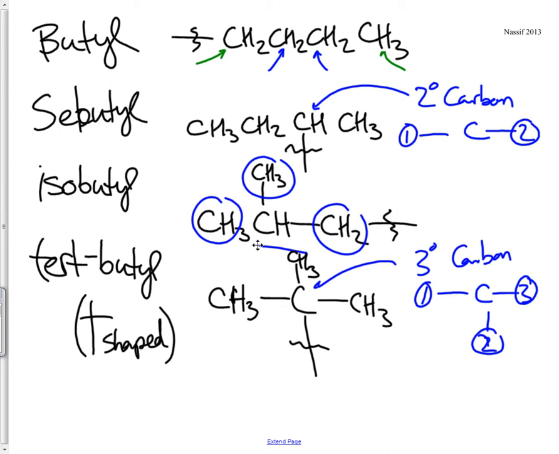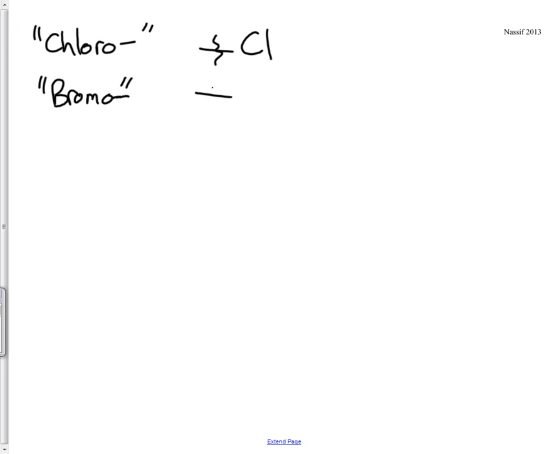Now we have some other groups. We have our chloro, our bromo, and etc. So our chloro groups means that there's a chlorine attached. Bromo means that there's a bromine attached.